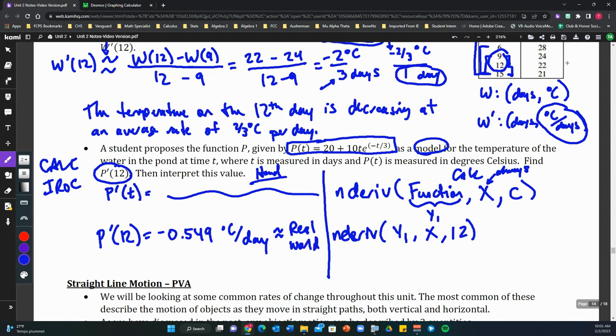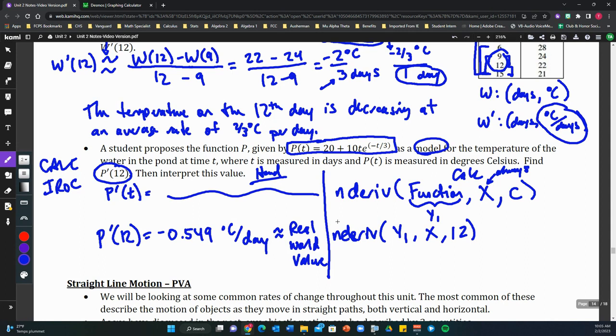We wouldn't know the exact real world value anyways, unless we were able to take data for every moment in time and track it instantaneously, which we can't. And that's the idea of why we build these model equations. We collect data, use these programs to build the model equations, and then we can do our calculus with those models. So as far as interpretations go, this would be the exact same interpretation as before.